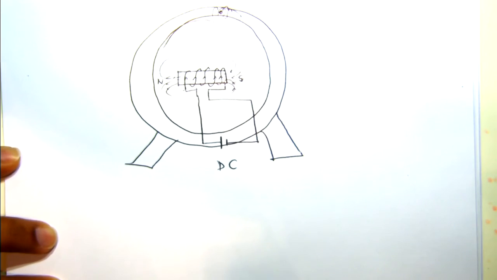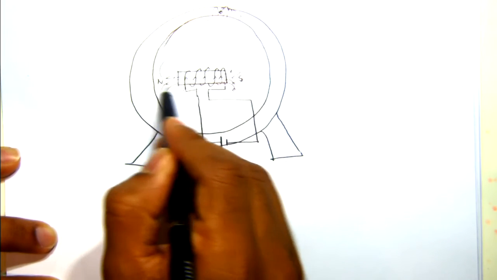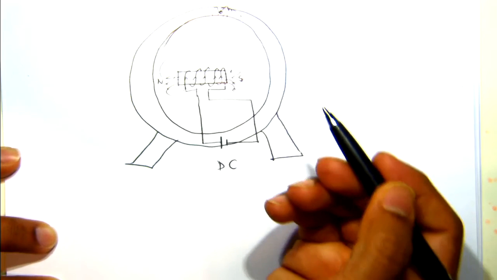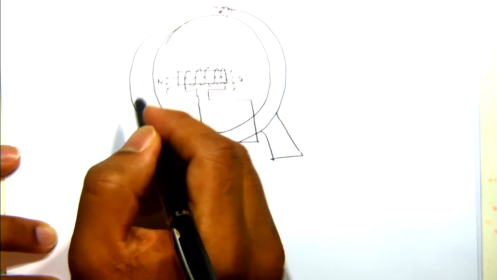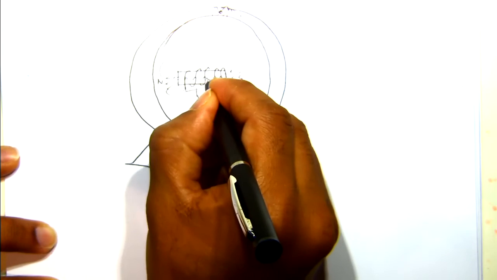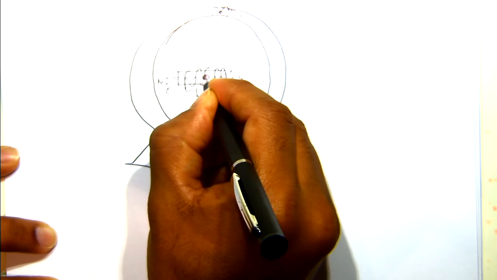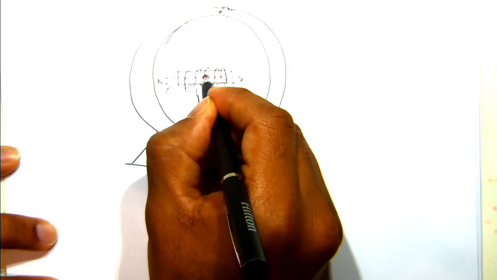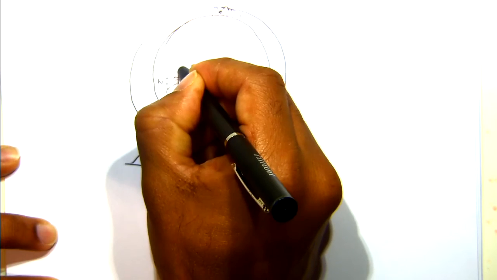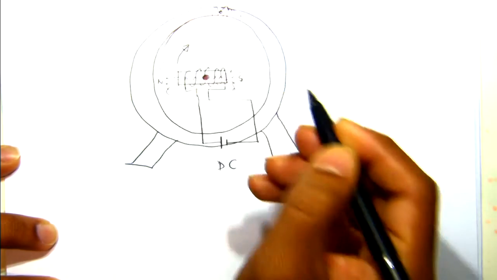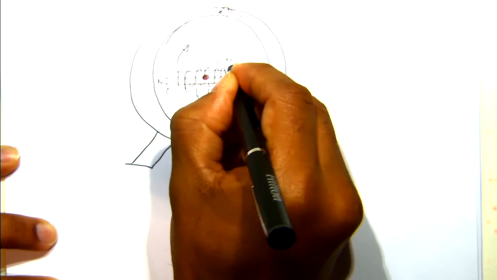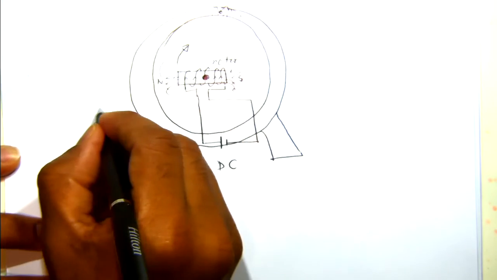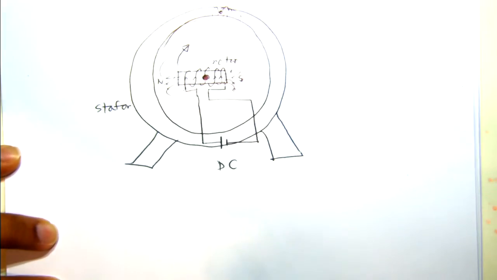Now, there is a magnetic field. By some external force, using a prime mover or turbine, I will rotate this magnetic field or this rotor. So this is our rotor, and outside that is our stator.